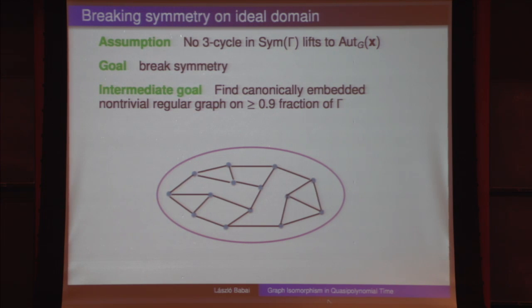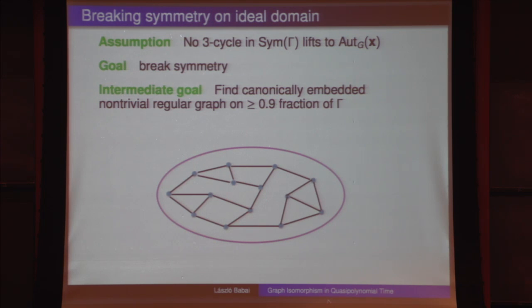So the goal is to break symmetry. The way we would want to break symmetry is to construct some intermediate subgroup, some subgroup that already includes the automorphism group, and we cannot do that directly. But at least first, we should have some explicit evidence of this reduction. For instance, if we find a canonically embedded non-trivial regular graph on at least 90% of the vertices, that's a good indication of reduction, and that's going to be our intermediate goal.